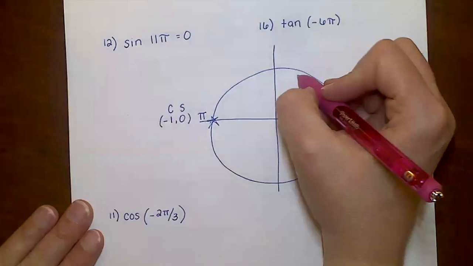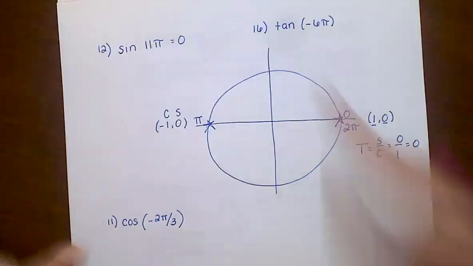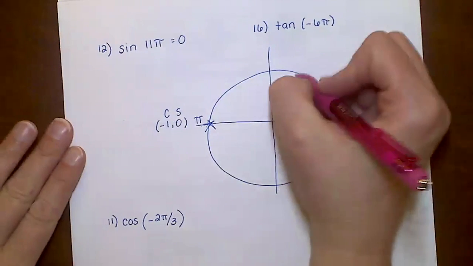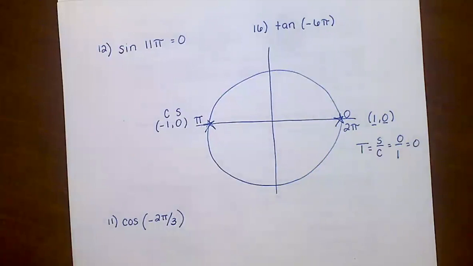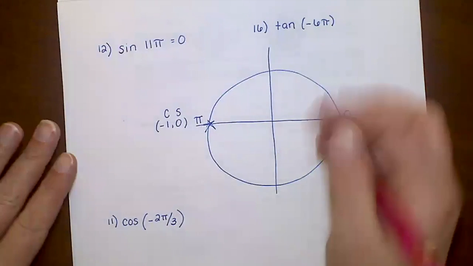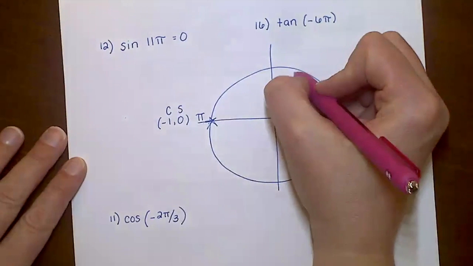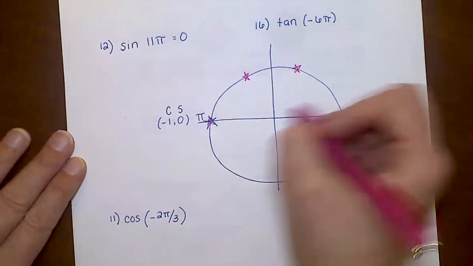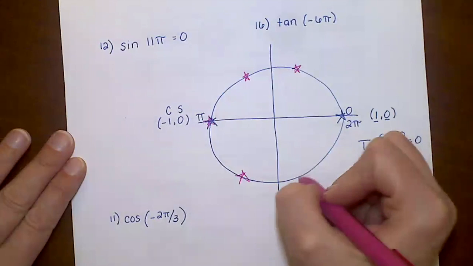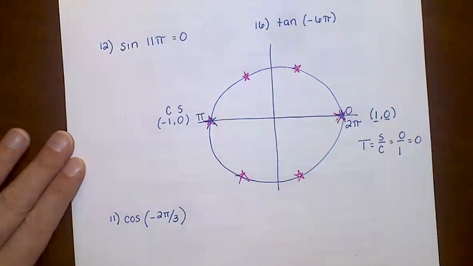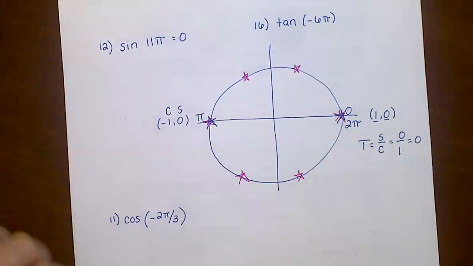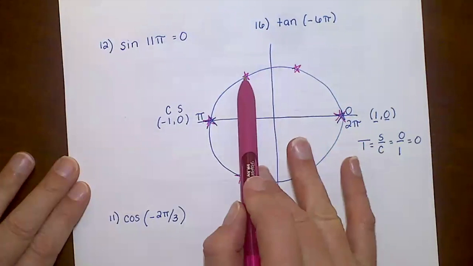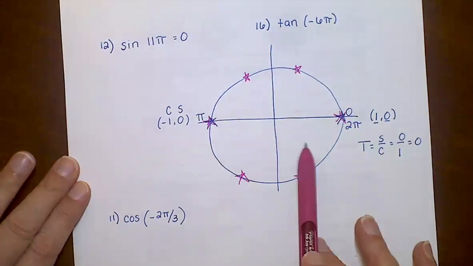When we're counting by pi over 3s, that's like 60 degrees. I know we didn't really talk about converting, which is something we usually do between radians and degrees. But pi over 3 is the 60 degrees. So it would be here, here, and here. And then if I kept going, it would be here, here, and here. Okay, so those are your pi over 3s: 1 pi over 3, 2 pi over 3, 3 pi over 3, and so on.